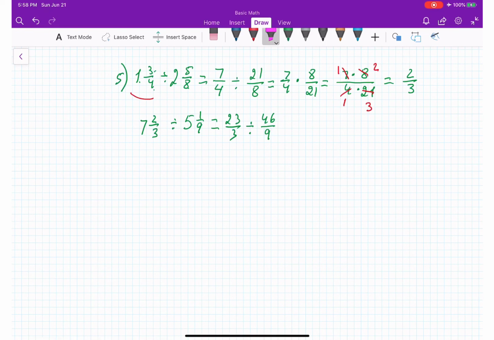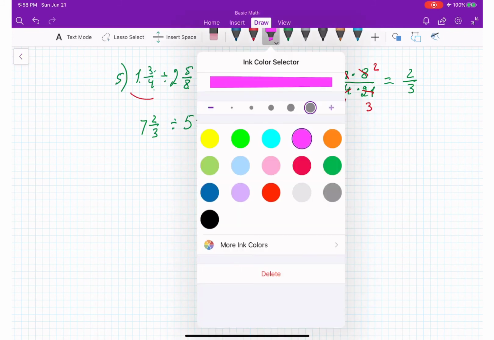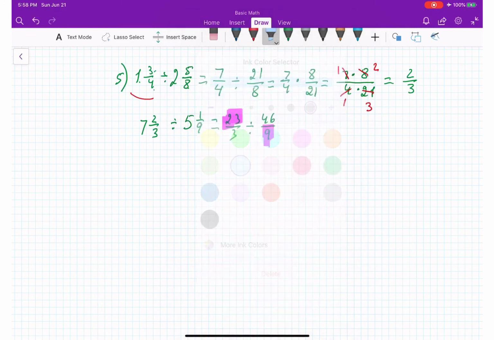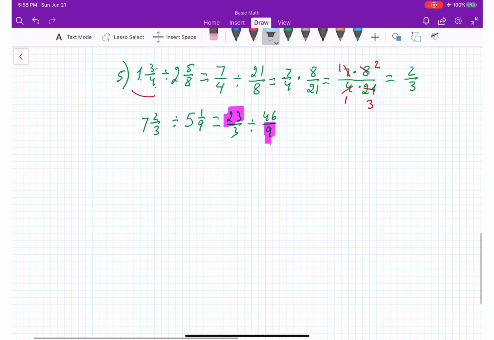So I'm going to shade it 23. I'm multiplying by 9. All right. And let me see which color we use. This one. And then we take 3, multiply by 46.